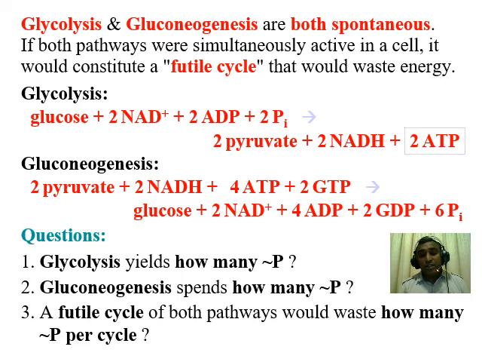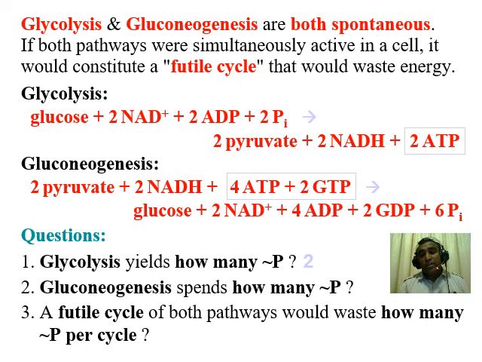If glycolysis happens, you will get 2 ATP, or high energy phosphate. If gluconeogenesis also happens together, then you will get 6 high energy phosphate, that is 4 ATP plus 2 GTP, equivalent to 6 high energy phosphate.